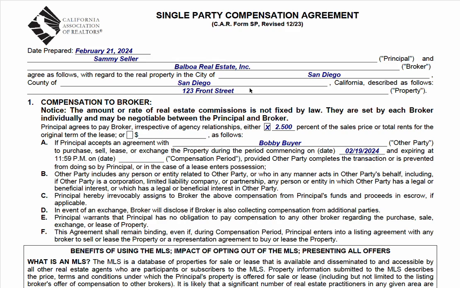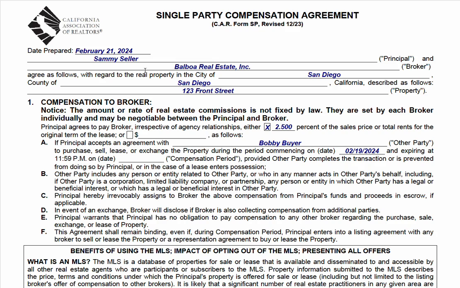And I'd say that the situation that comes to mind where this form is used is when you may know of a seller that's interested in selling, but not on the market. And so what you can do is fill this form out, and I'll show you how, and bring a buyer and have an arrangement with the seller that the seller will pay you a commission should you bring a buyer.